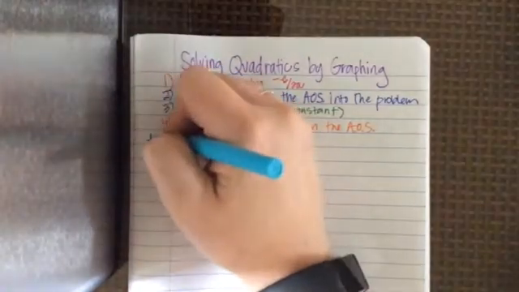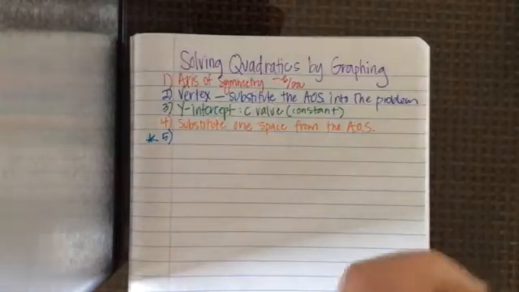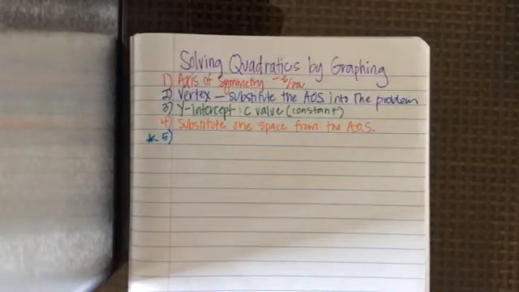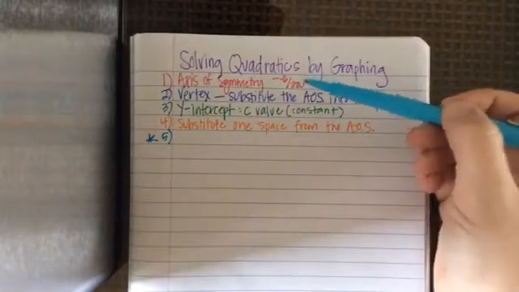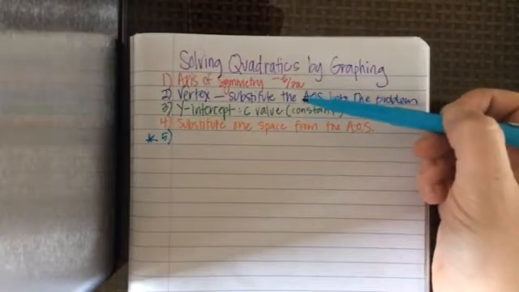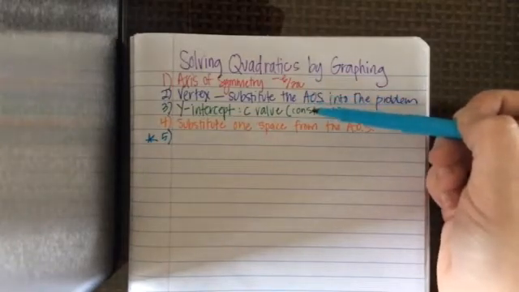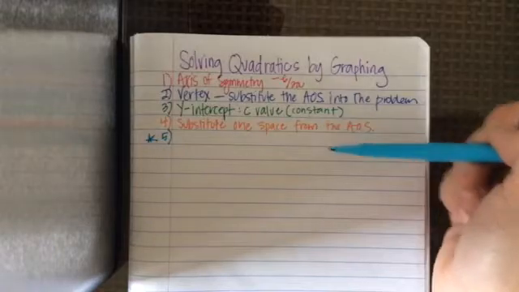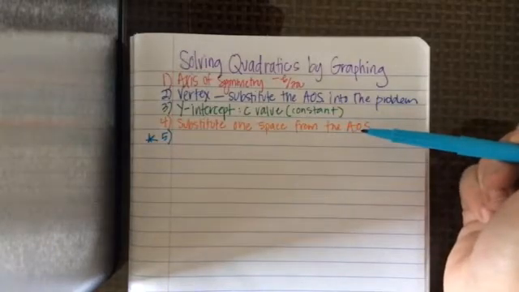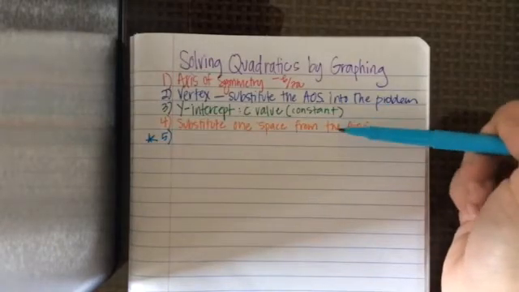The fifth part, step 5, may be one that you can skip, right? If you have your axis of symmetry, then you have your vertex and your y-intercept and one space from the axis of symmetry. If you have all 4 of those, then you're good.